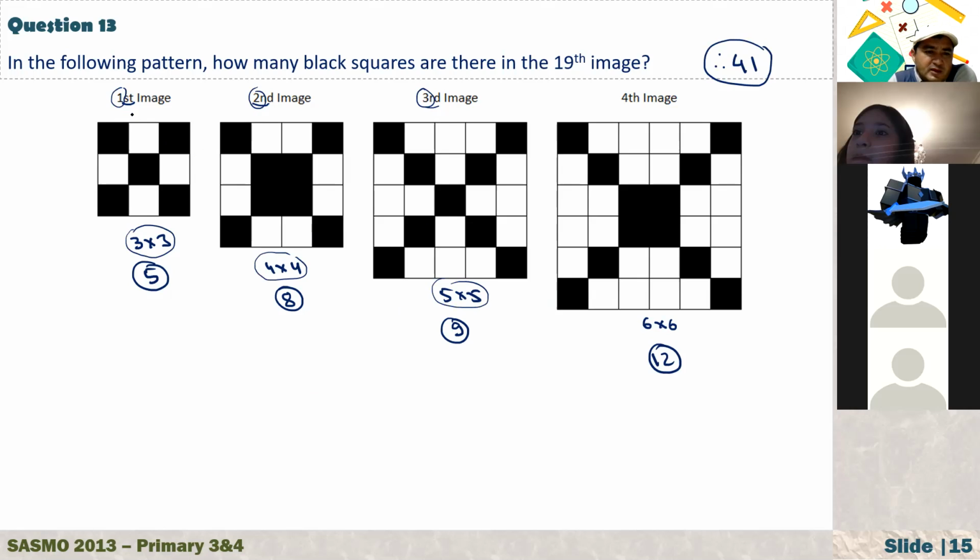The difference between 1 and 3, 2 and 4, 3 and 5, it is 2, right? So that means that if I write here the 19th image, what will we have here? We will have 19 plus 2, so 21 by 21 square, right?